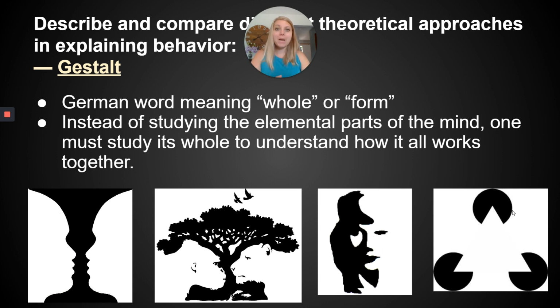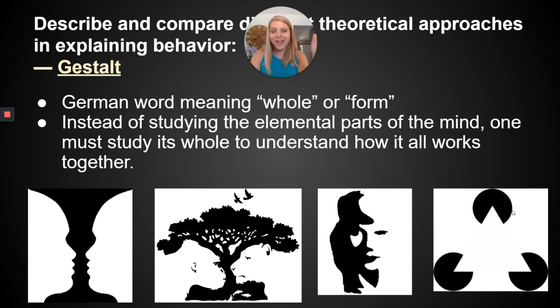But your mind filled it in. Your mind put that image together and it sees a triangle that doesn't exist. This is one of the reasons why Gestalt psychology is focused on the idea that I can't just study the brain, for example in vision and how I see, because there's more going on there.